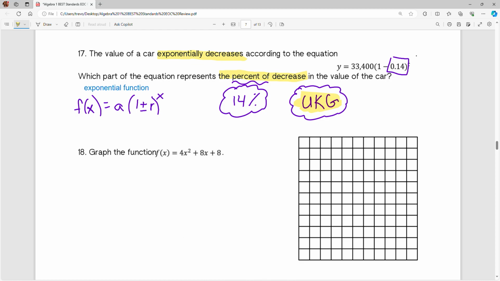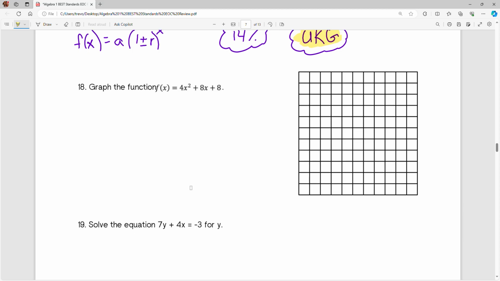And then we're moving forward to number 18. Graph the function f of x equals 4x squared plus 8x plus 8. So this format for this function we have is the quadratic type, and it's in standard form.